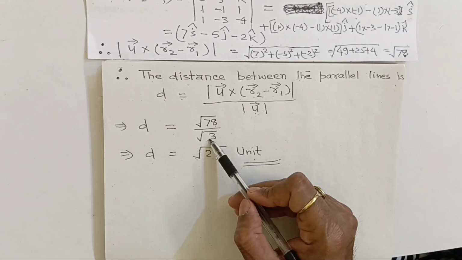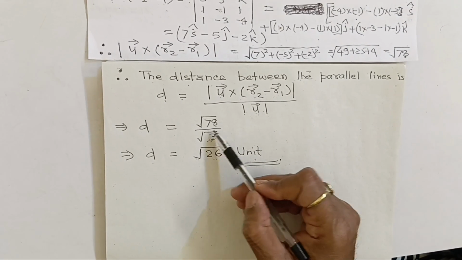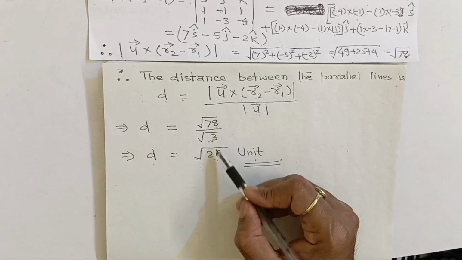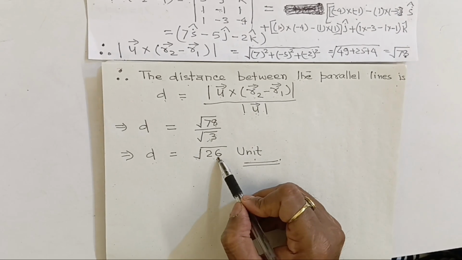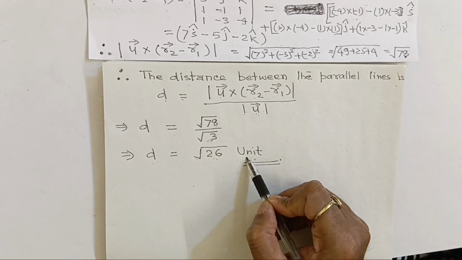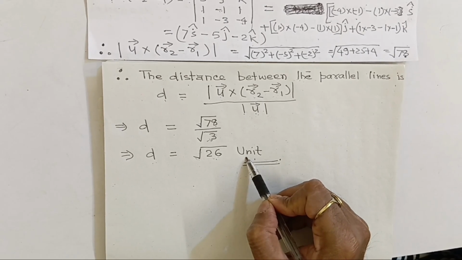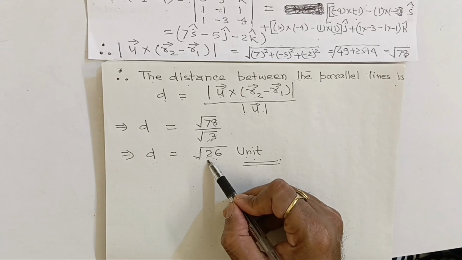So d is equal to square root 78 by square root 3, which is square root 26 units. Hence, the distance between the parallel lines is square root 26 units.